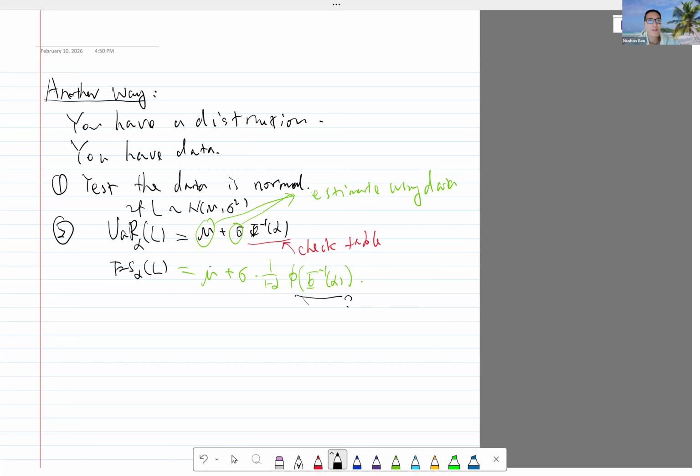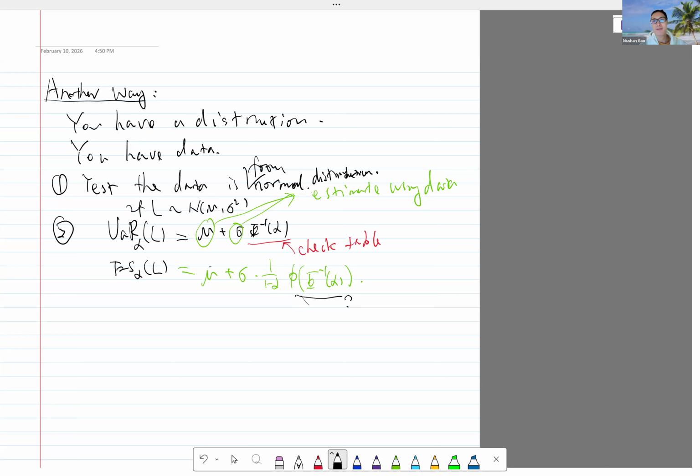So if you can test that the data is from a normal distribution, then you are fine. In the lab, I will provide 2 tests to test whether the data is from a normal distribution.